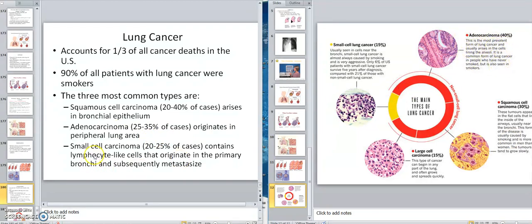And then the small cell. Now this one, I had a relative die from this one. Some call it small cell, and under the microscope, those cells look like little oats, so it's also called oat cell carcinoma. And with that, it's very aggressive. Go back to my cancer talk. It metastasizes very quickly.